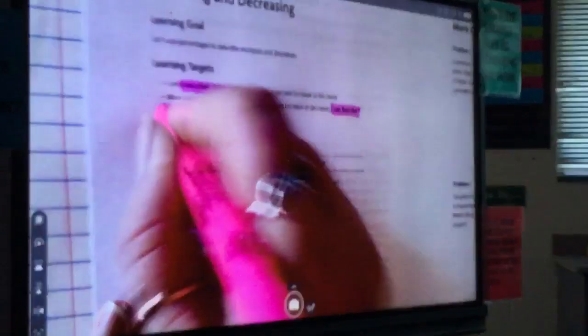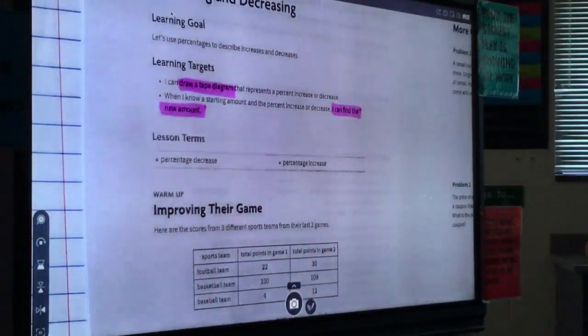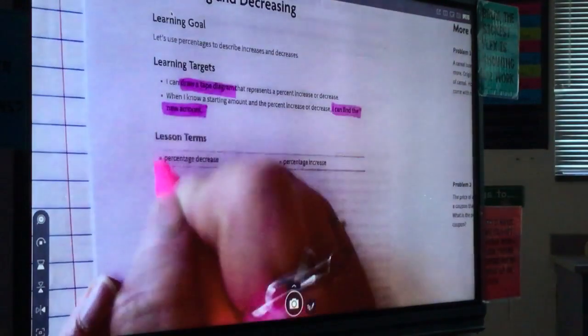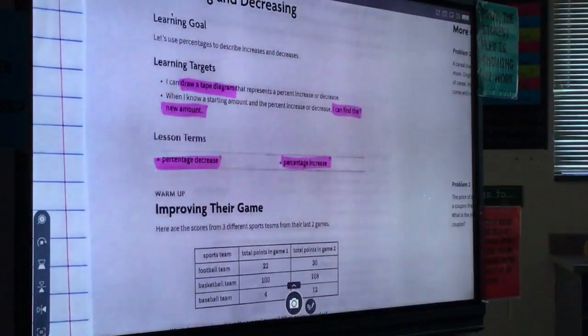When I know a starting amount and the percent increase or decrease, I can find the new amount. So those are the two learning targets for today. And then our lesson terms are percent increase and percent decrease.